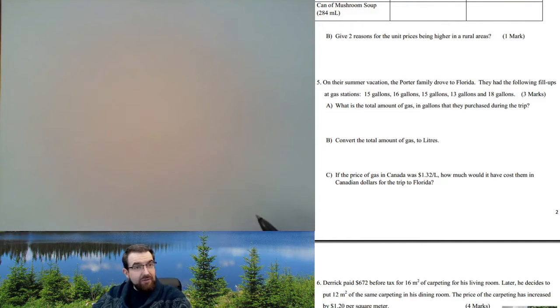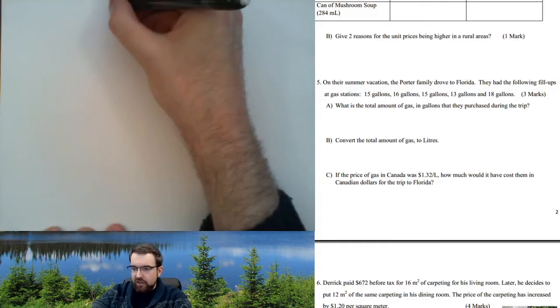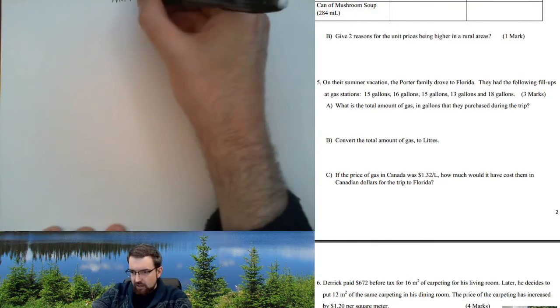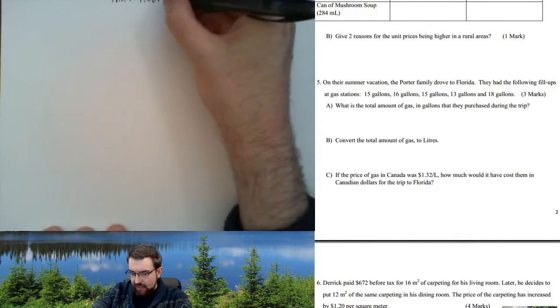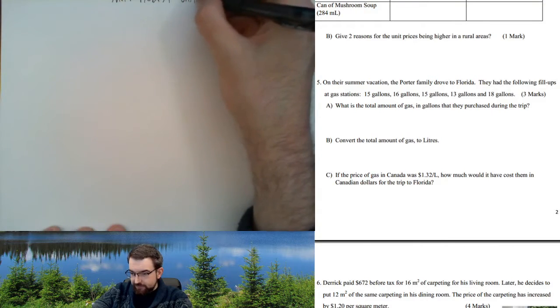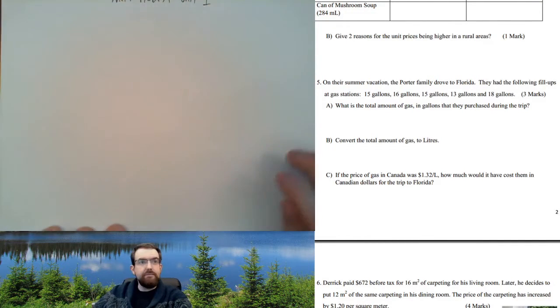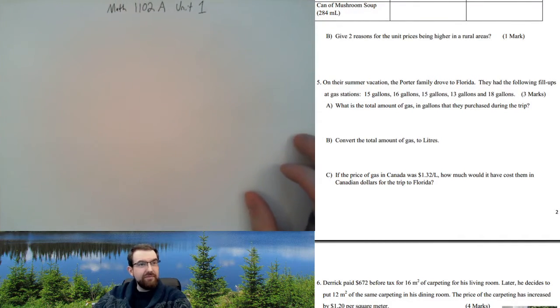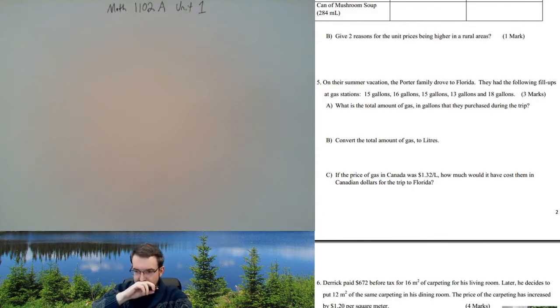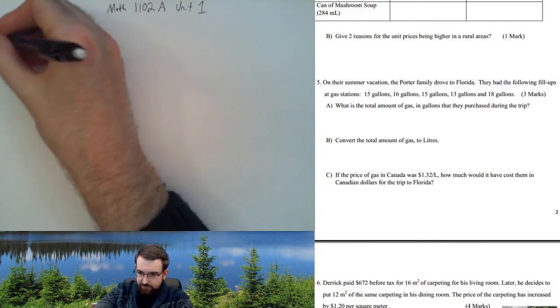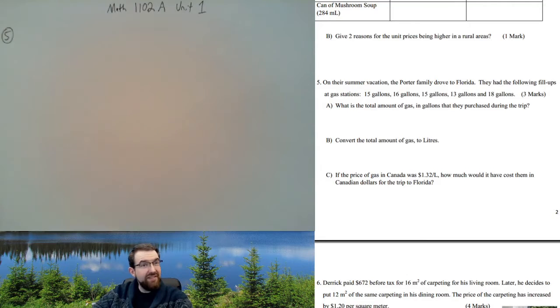But it had the following fill-ups at gas stations: 15 gallons, 16, 15, and so on. What's the total amount of gas? Well, that's not hard, is it? This is unit 1, question 5. So, on their summer vacation, the Porter family drove to Florida.